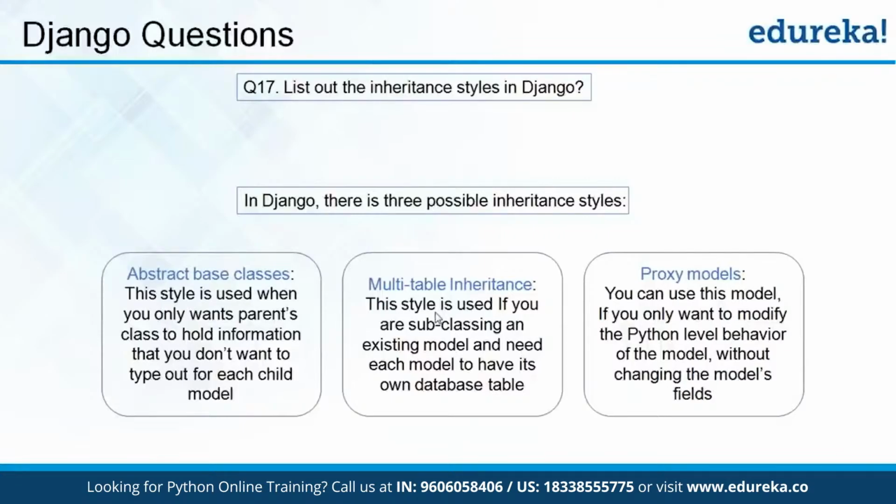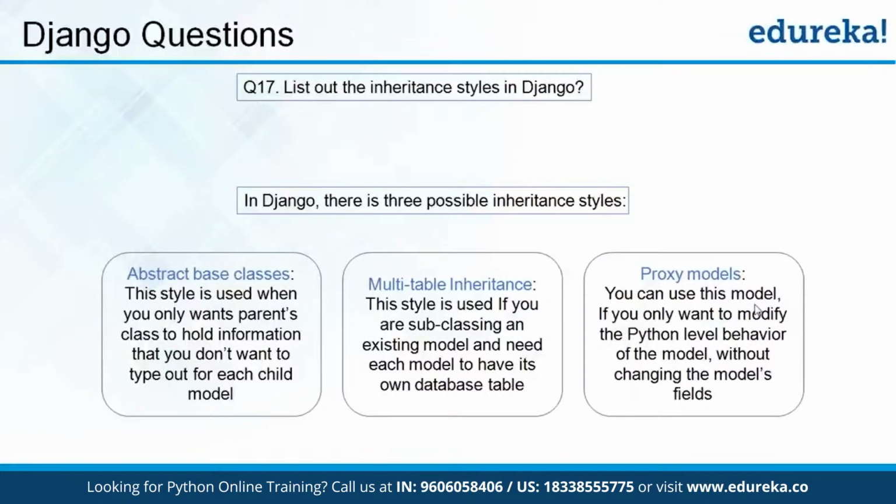You do not want to create a class which has all the information regarding book and article from scratch. Instead, you can directly derive from those particular classes. But please remember one thing: by default, inheritance allows you to override existing attributes, but in multi-table inheritance, it does not allow you to do that. Are you all clear on that?